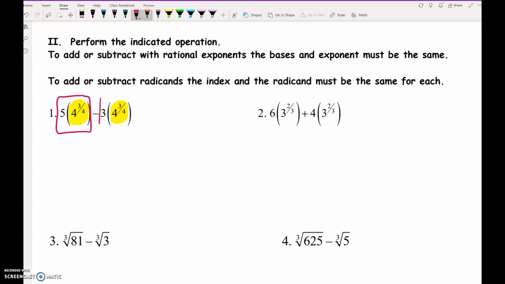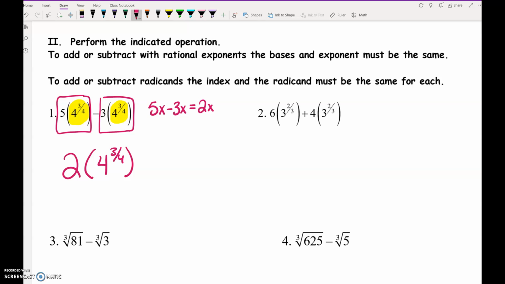Right here it says we have 3 chocolate chip cookies. If we subtract, what is 5 minus 3? 2. So we have 2 chocolate chip cookies. Really, this is just like doing 5x minus 3x equals 2x. It's not x, it's 4 to the 3/4. And as long as both of those things are 4 to the 3/4, you can combine the coefficients.